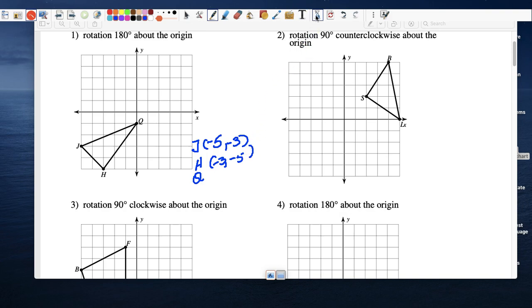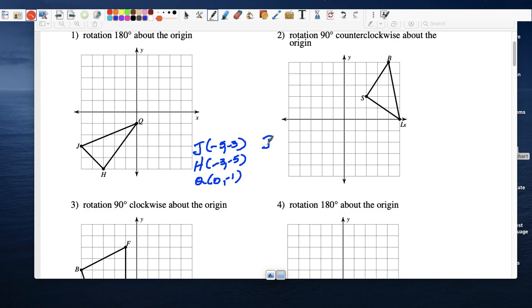Oh my god. Let me write this again. I apologize. Point J is at negative 5, comma, negative 3. Point H is at negative 3, comma, negative 5. And point Q, it's at 0, negative 1.